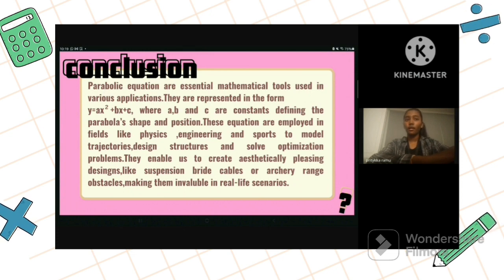These equations are employed in fields like physics, engineering, and sport to model trajectories, design structures, and solve optimization problems. They enable us to create aesthetically pleasing designs like suspension bridge cables or archery range obstacles, making them invaluable in real life scenarios.